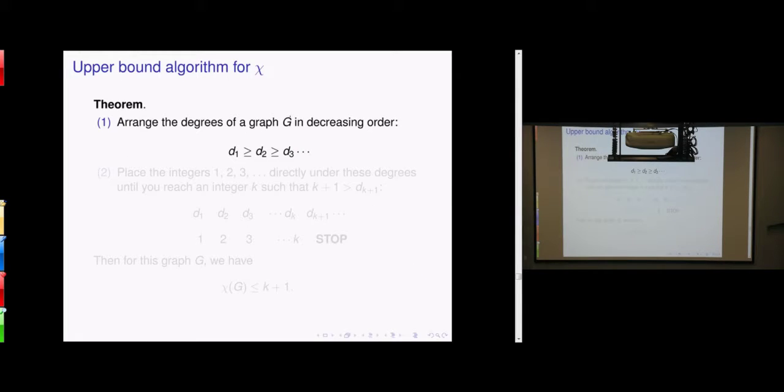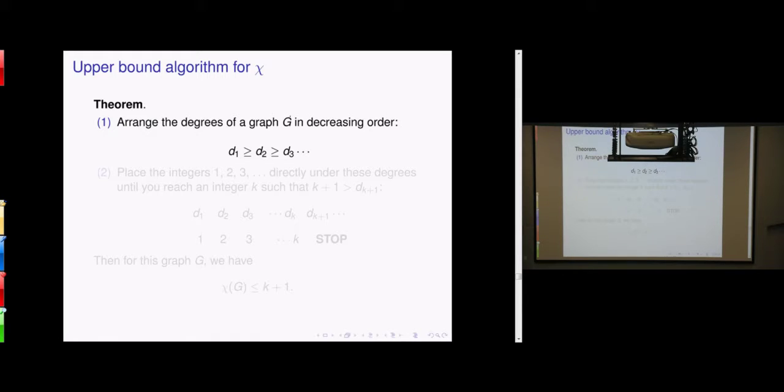Now this one is slightly more complicated. Just now we saw a lower bound: the chromatic number is at least 3, at least n. Now we want to give an upper bound, to say that it is at most something.